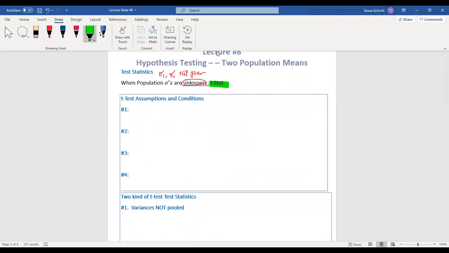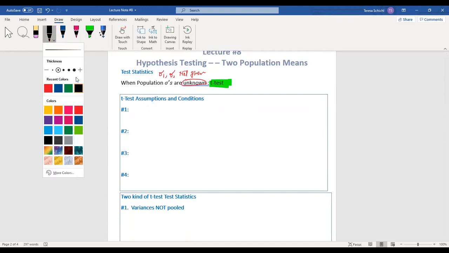If they are not given, then we use the t-test. Okay, so for the t-test, just like we did for the one population mean, we have several assumptions and conditions we need to check.